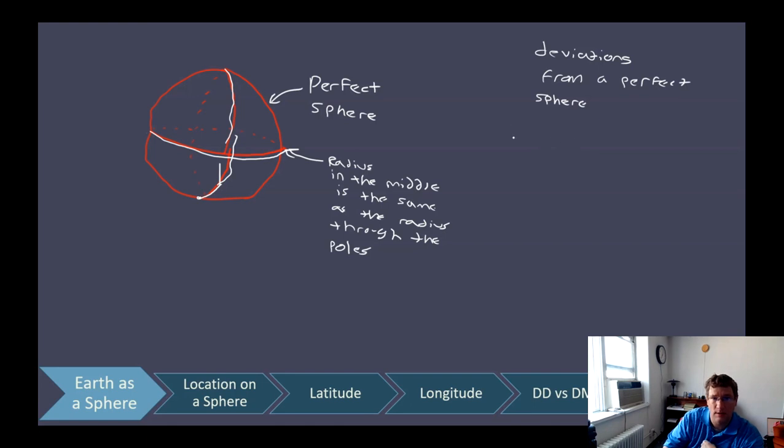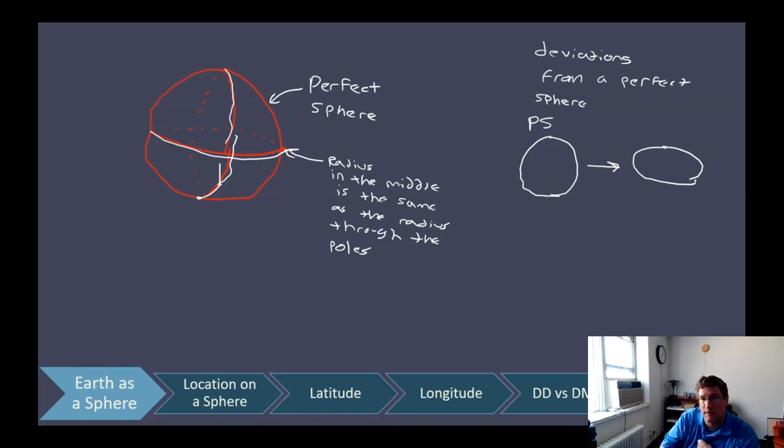If this is a perfect sphere, which I'll mark as PS, in reality gravity is actually pulling harder north and south on the poles than it is east to west along the equator.